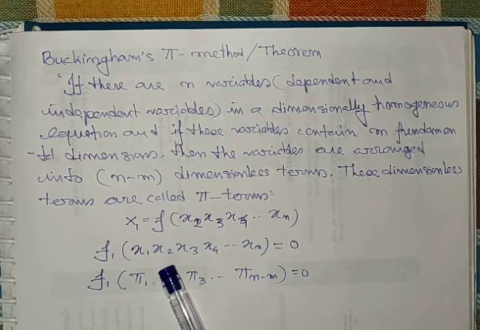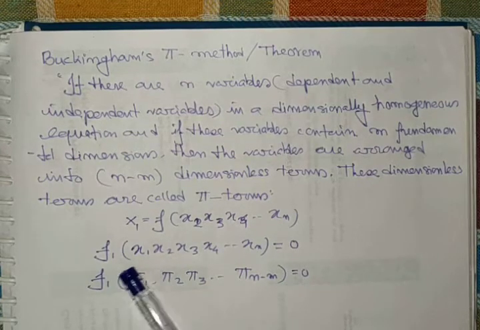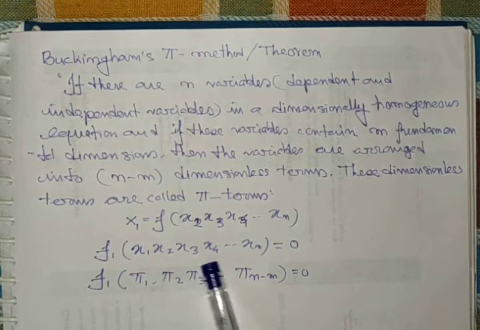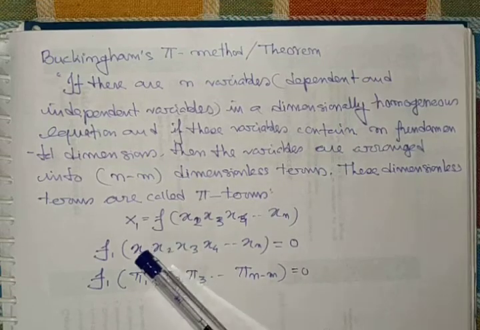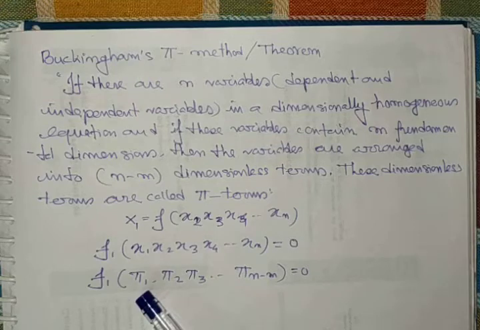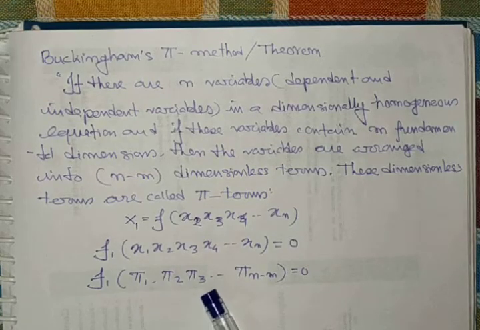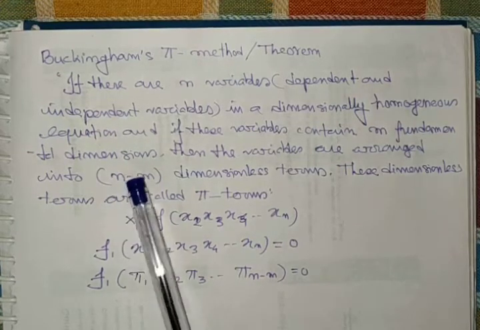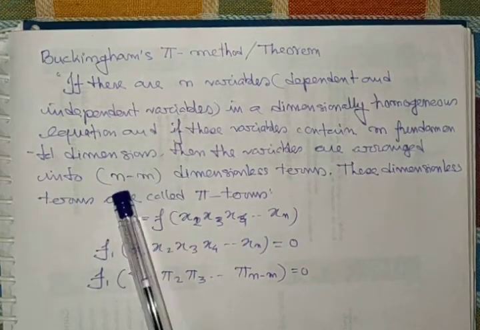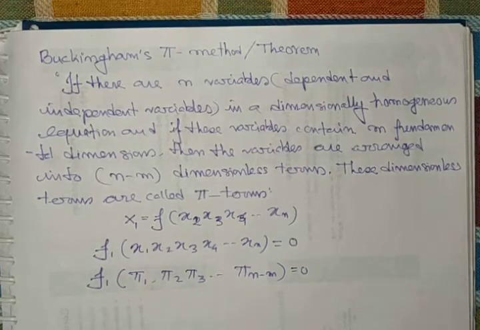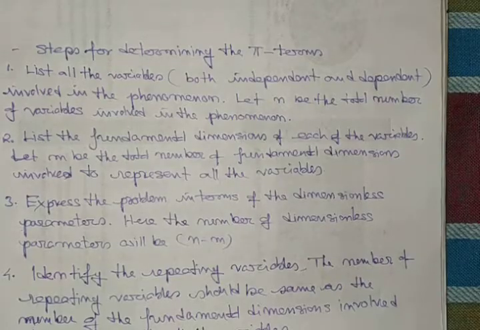Then you can write another equation in that fashion: a function f1 of x1, x2, x3 and so on is equal to 0, and each term can be replaced by a pi term, pi 1, pi 2, pi 3, by considering this formula, n minus m. So let's try to understand the steps for determining the pi terms.